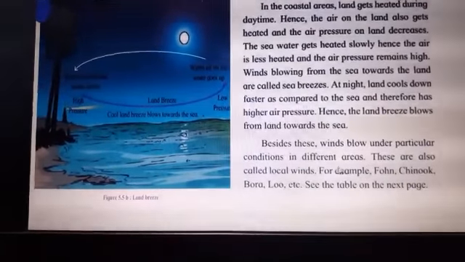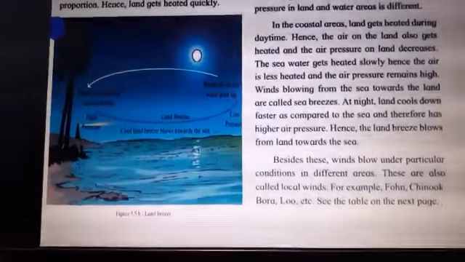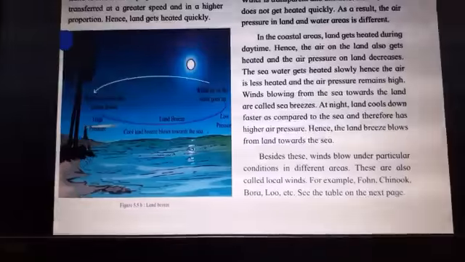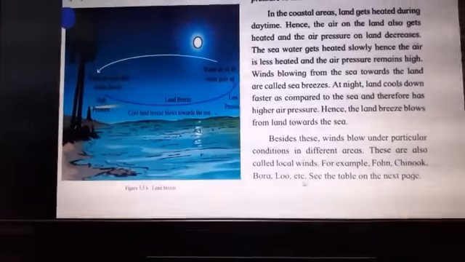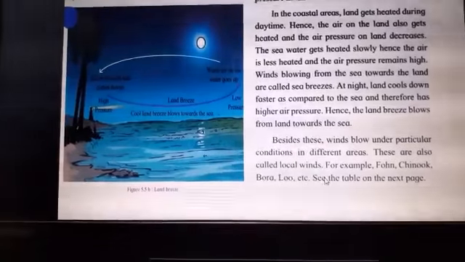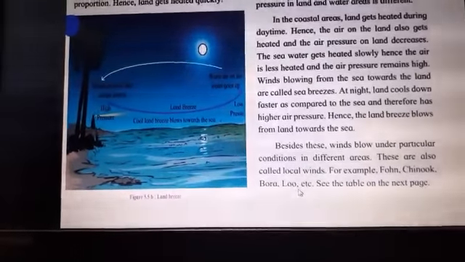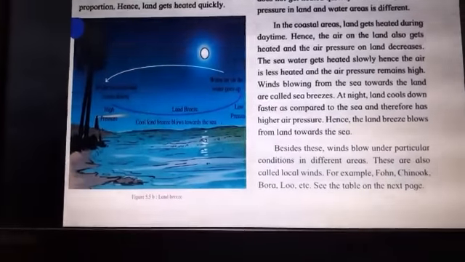These are also called local winds. So these winds are named as what? The local winds, because they are blowing in that particular local area only. For example, Fawn, Chinook, Bora, Lu, etc. These are the local winds which are blowing in that particular areas only, children.